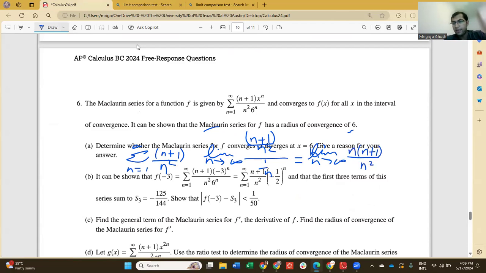And of course, in this limit, the highest terms are n squared in the numerator and denominator. So this equals 1, which is in fact positive and finite.